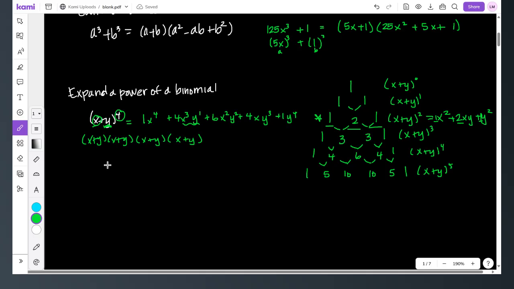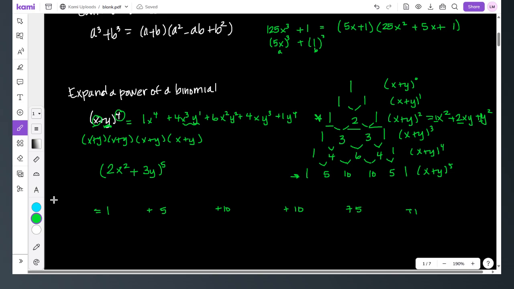All right, let's try one more. Let's do 2x squared plus 3y, and let's go to the fifth this time since I have that row. That'd be this one. All right, so let's start with 1 plus 5 plus 10 plus 10 plus 5 plus 1.